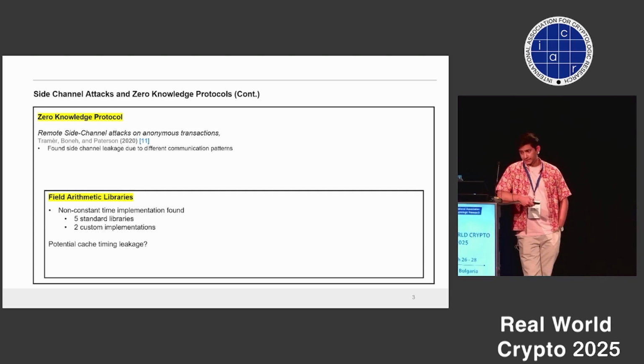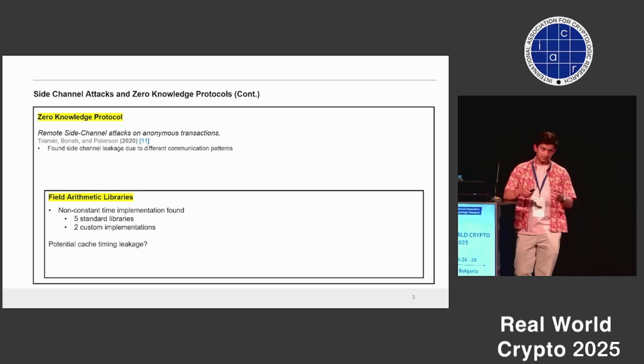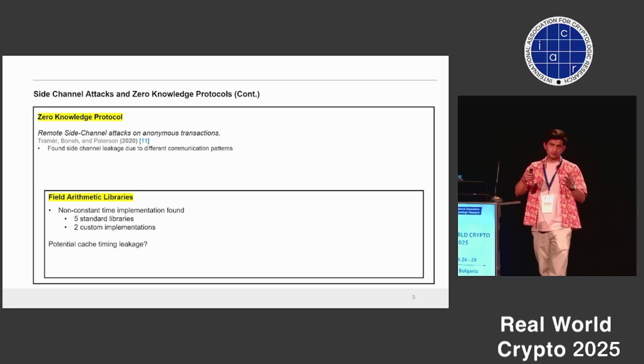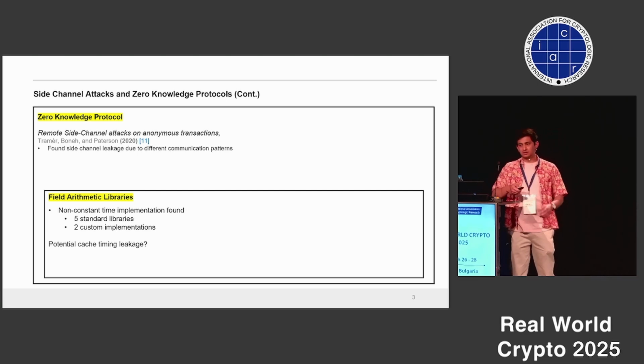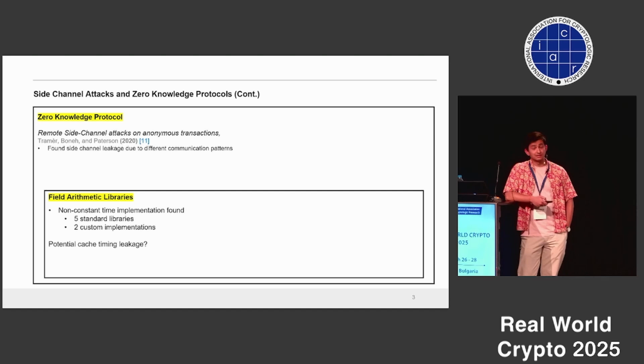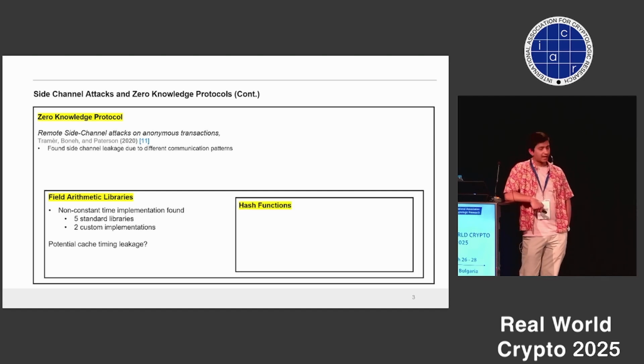Of course, the next question is: is there a part of the ZK protocol implemented using these field arithmetic libraries that will also give a cache timing leakage, leaking the secret? And we came to the hash functions.